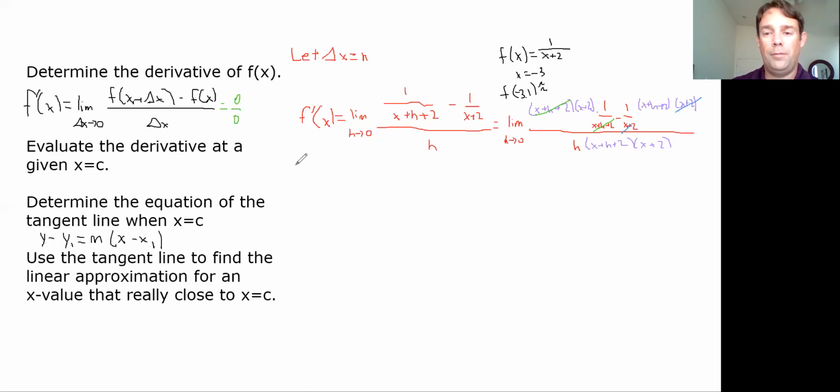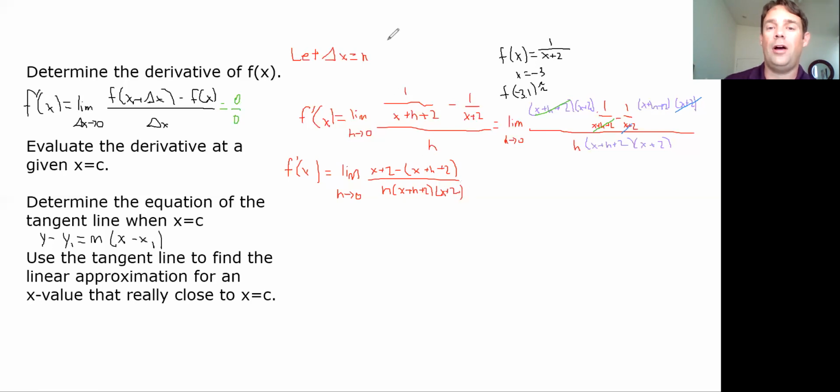And I'm left with the limit as h approaches 0 of x plus 2 minus x plus h plus 2, all over h times x plus h plus 2 and x plus 2.